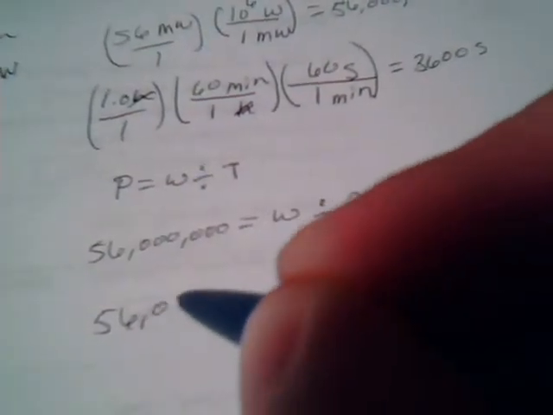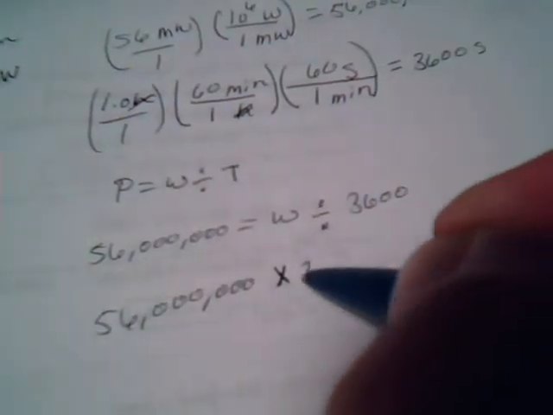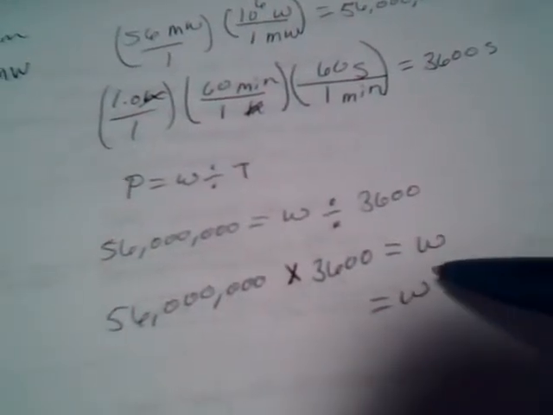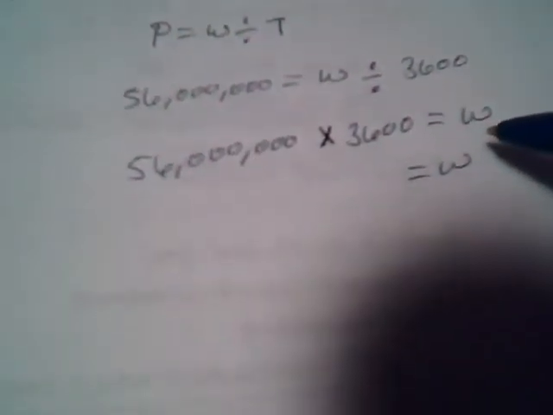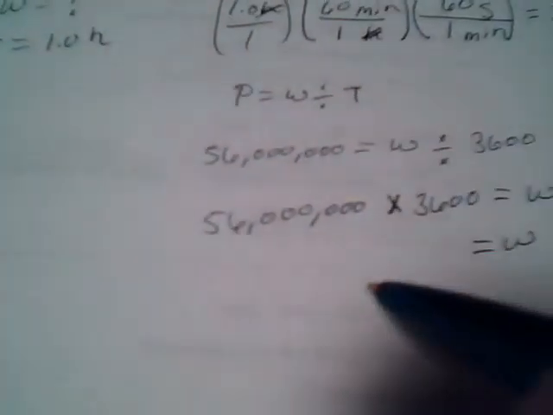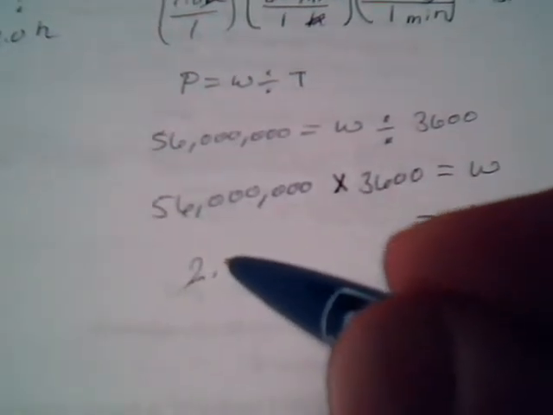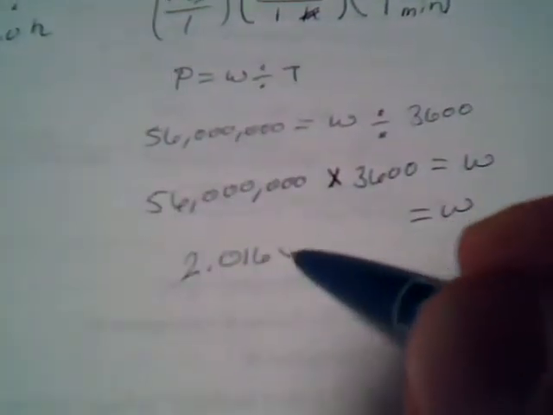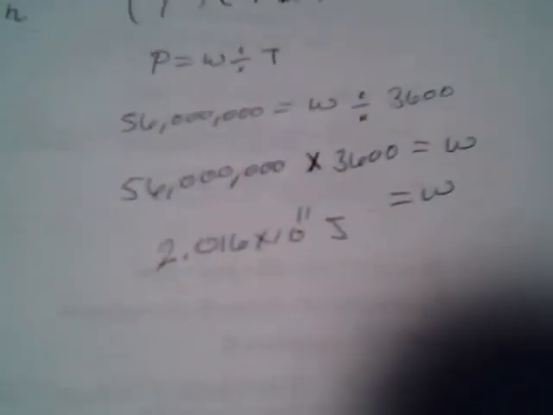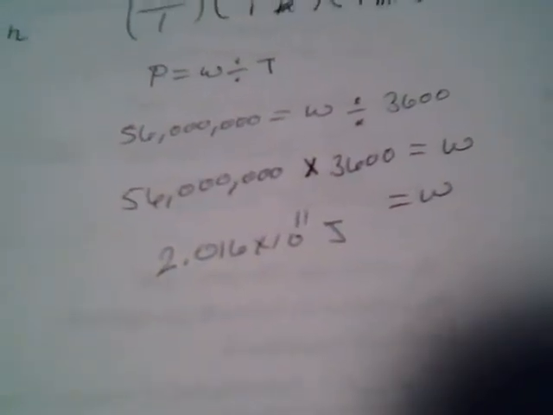The opposite of division is multiplication, and that will give us W, our work. When we multiply that out, the work that we get is another huge number, 2.016 times 10 to the 11th joules.